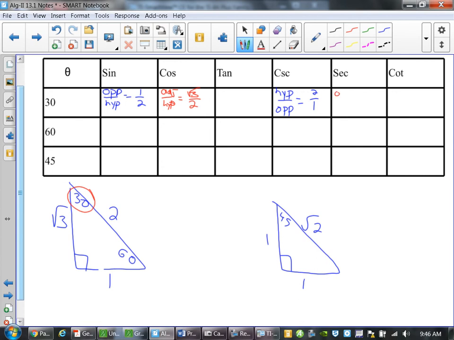Secant is going to be the hypotenuse over the adjacent. And whenever you have that radical in the denominator, you just multiply top and bottom by that radical to rationalize it. So you'd get 2 root 3 over 3.